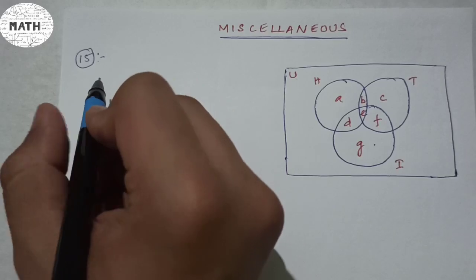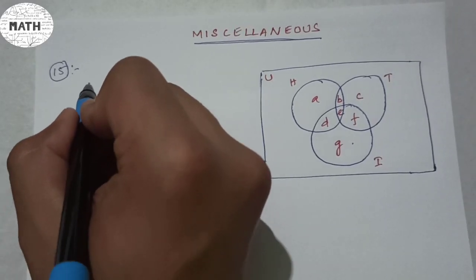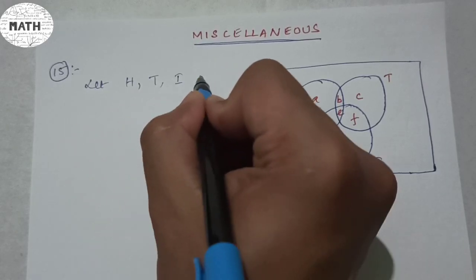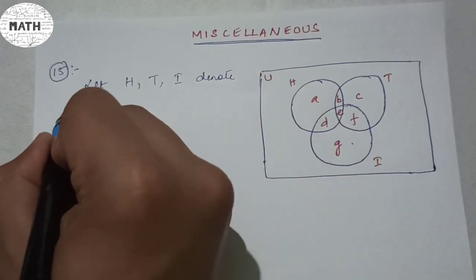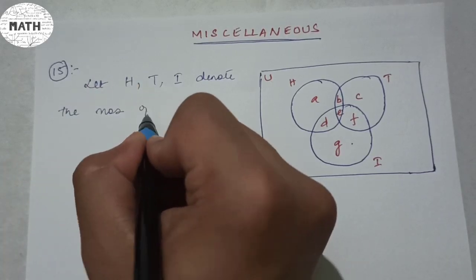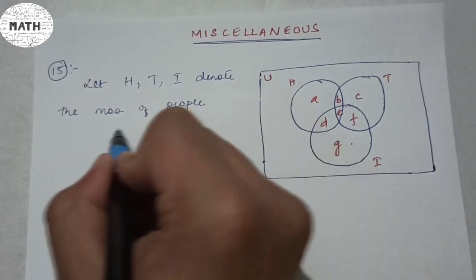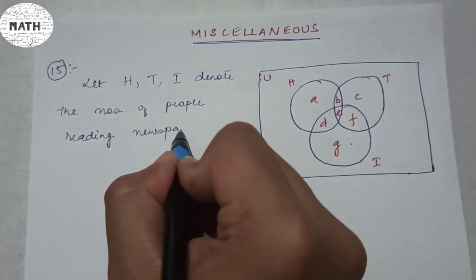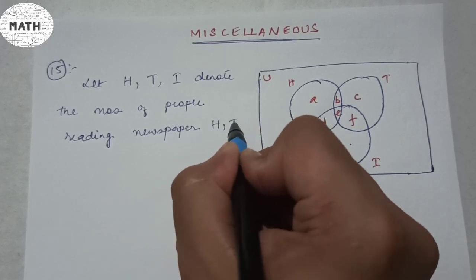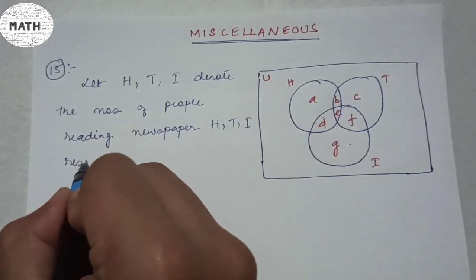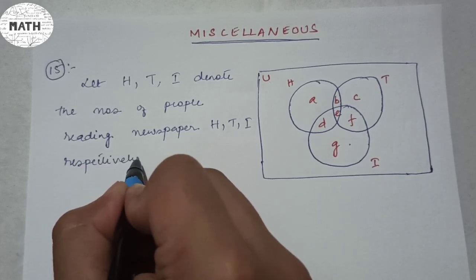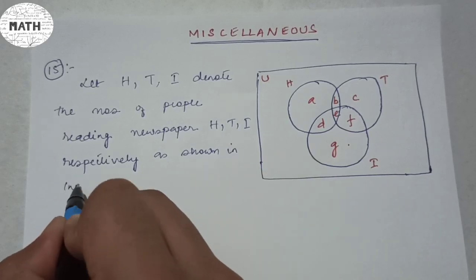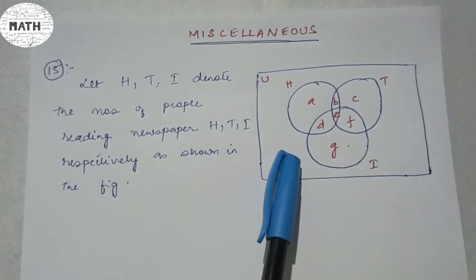So let me start. Let H, T, I denote the number of people reading newspaper H, T, I respectively, as shown in the figure. Clear till there?